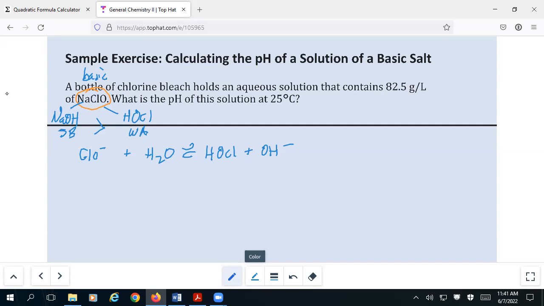So that's the first thing that we do: we take that qualitative understanding, this should be basic, and we turn it into an equilibrium expression.